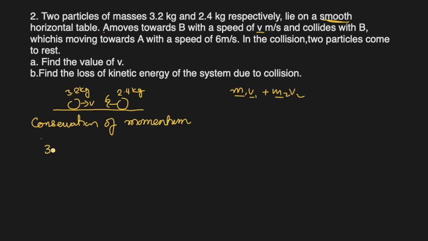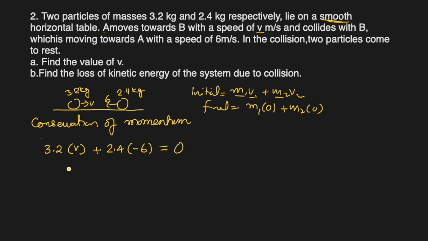So 3.2 is the mass of the first one, v is its velocity, plus 2.4 kg is the mass of the second one, but its velocity is minus 6 because it's in the opposite direction. That means this v is going to be positive. We are considering positive and it will come out to be positive. So conservation of momentum says that whatever the momentum before collision is equal to the momentum after. So the initial momentum was this, and for the final momentum, both bodies are at rest. So m1 times 0 and m2 times 0, which is 0.